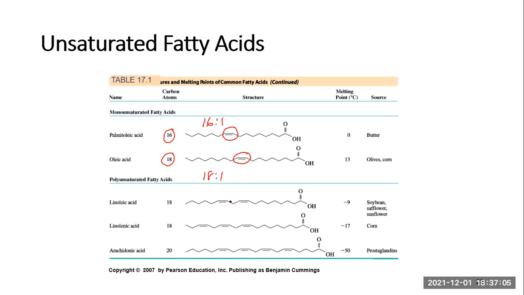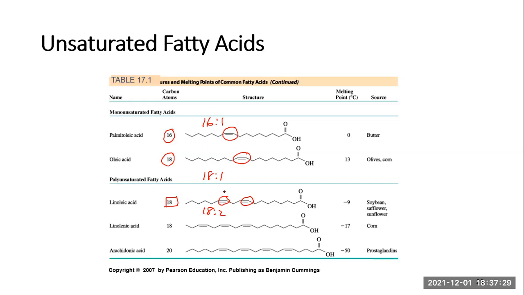Down here, we have this guy, which has 1 and 2 double bonds. Also has 18 carbons. That would be an 18 to 2 fatty acid, and so forth. Here on the bottom, it looks like 4. That'd be a 20 to 4.